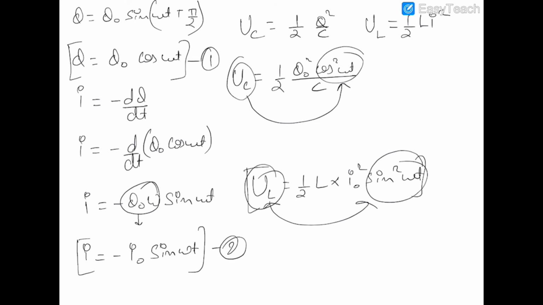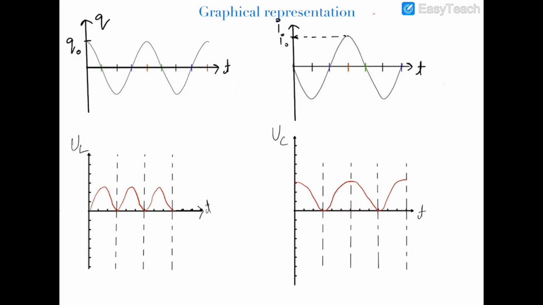If we move on to the graphical analysis, we will see that the charge was a function of cos, so q was equal to q naught cos omega t. The current was represented by the equation I is equal to minus I naught sine omega t. You can see that this graph is a graph of minus sine omega t.